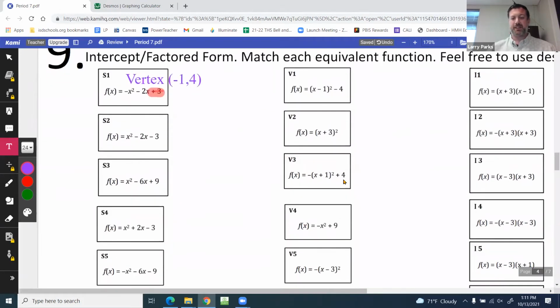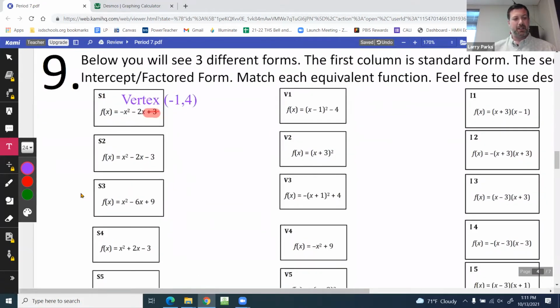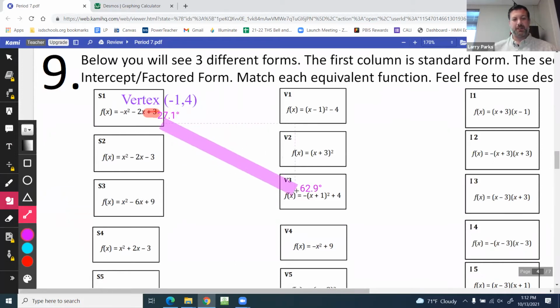So I think that this graph goes with this graph. And I could fact check it real fast.